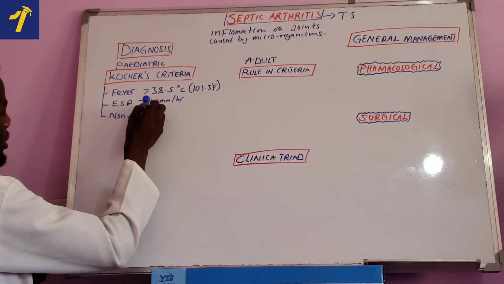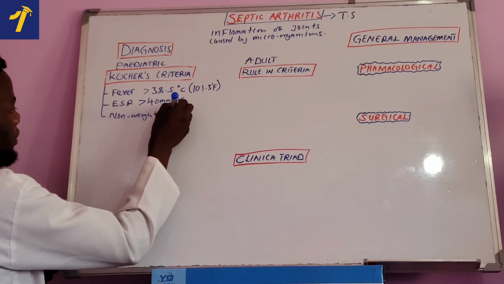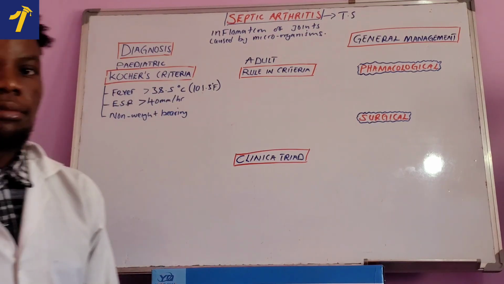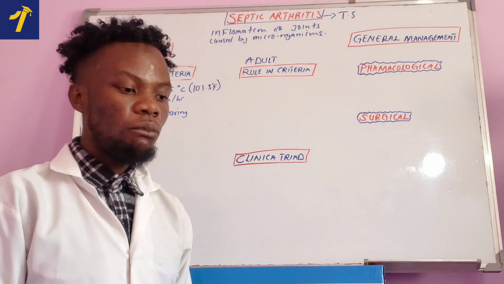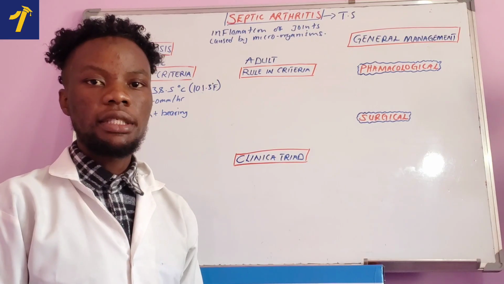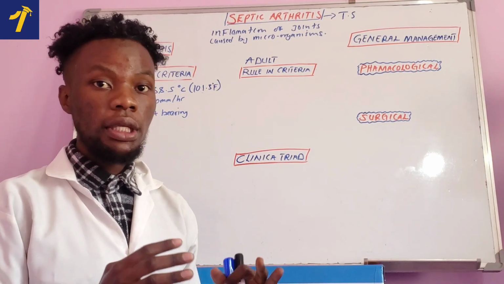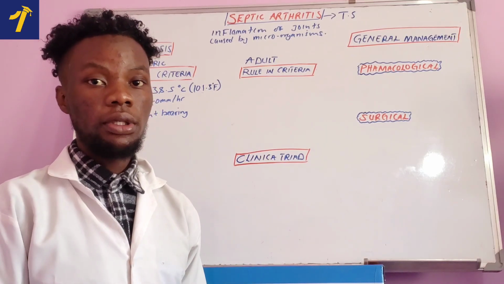Non-weight bearing, okay? Non-weight bearing, what does that mean? It means that if someone is having septic arthritis on a certain joint, there will be pain or tenderness on that joint.